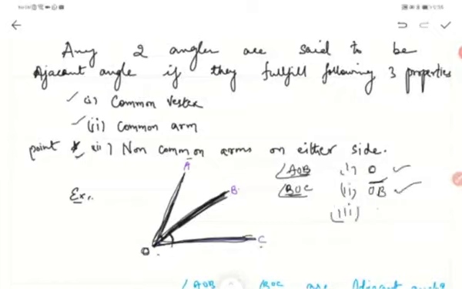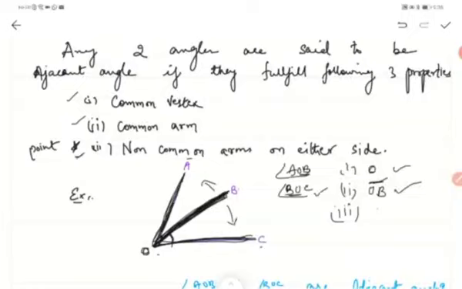What this third property means is, see, there should be non-common arms on either side. That means for this angle AOB and this BOC, you have this common arm. This OB is a common arm, and on either side of this OB you have non-common arms, isn't it?